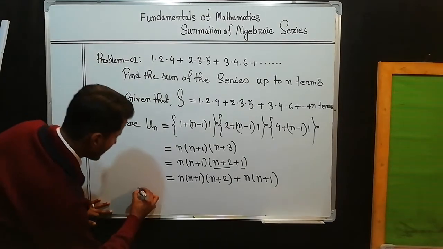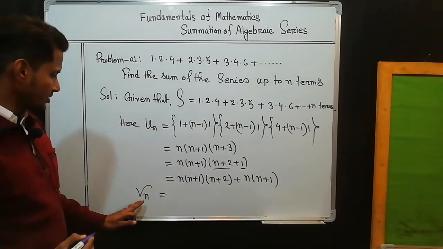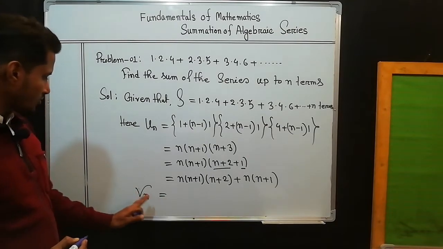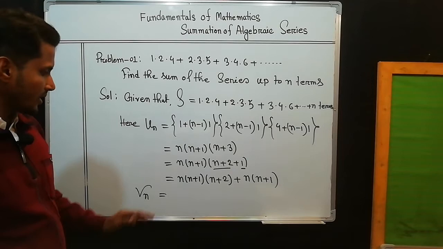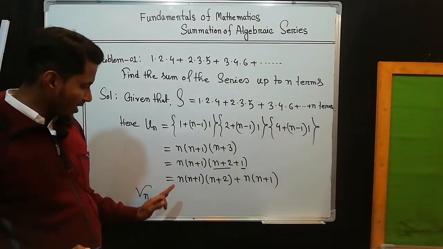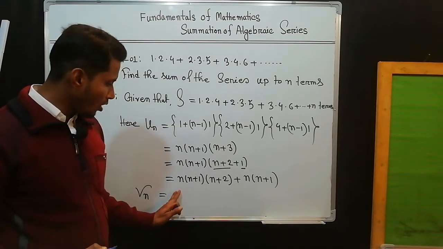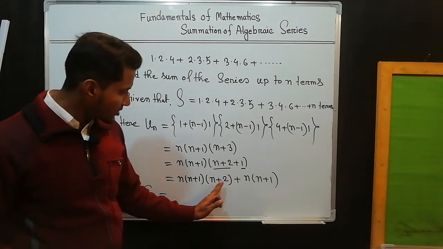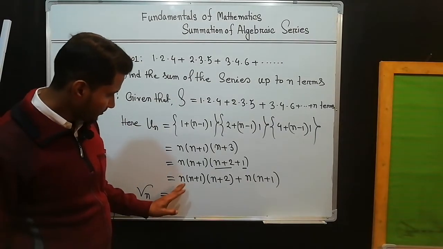Here Vn is the final number, and V(n minus 1) is the previous number. When we write down Vn, this rule follows: n into (n plus 1) into (n plus 2). To find this Vn, we add one more term, and divide by the number of terms plus one, times the difference.